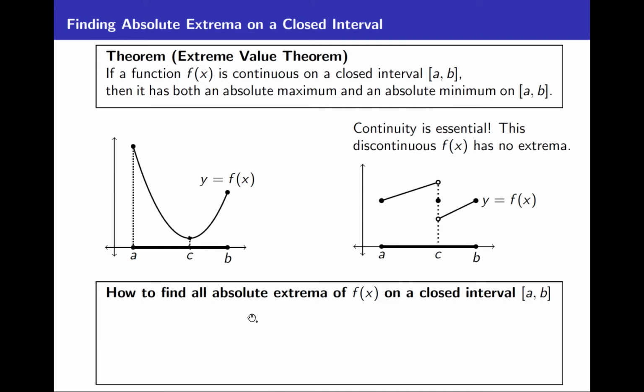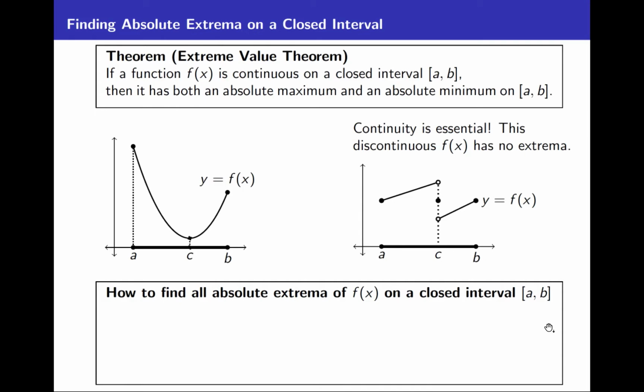Okay, with that, we can state our procedure to find all the absolute extrema of f of x on a closed interval from a to b. Now notice by the extreme value theorem, we know that the absolute maximum and absolute minimum exist if f is continuous on a closed interval.